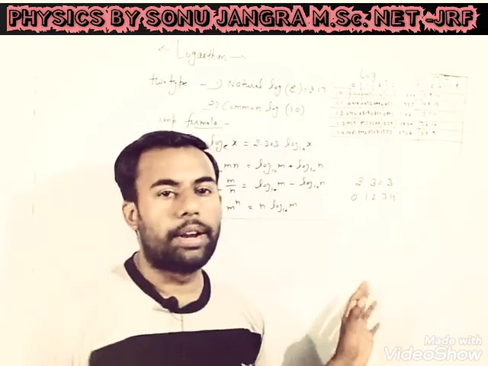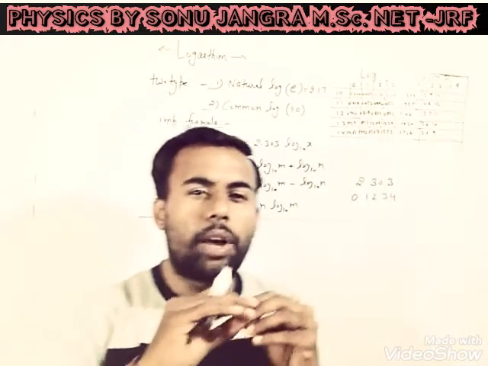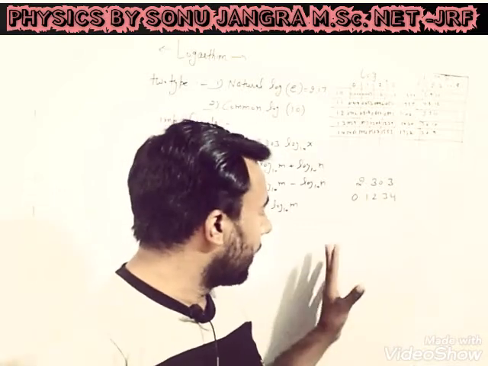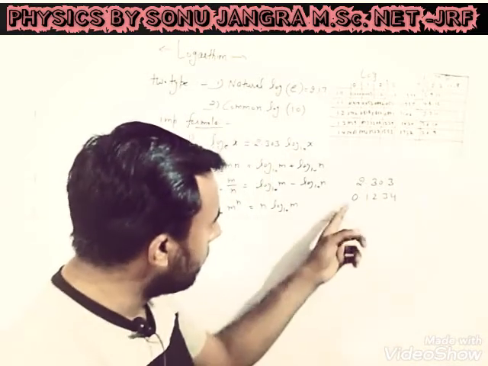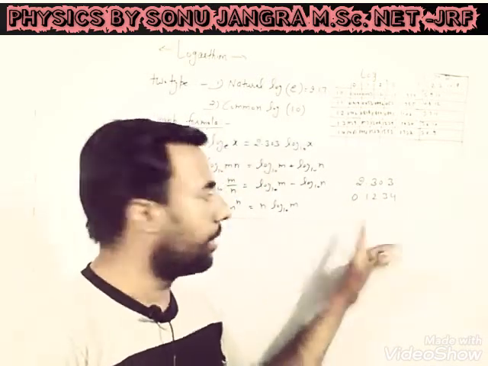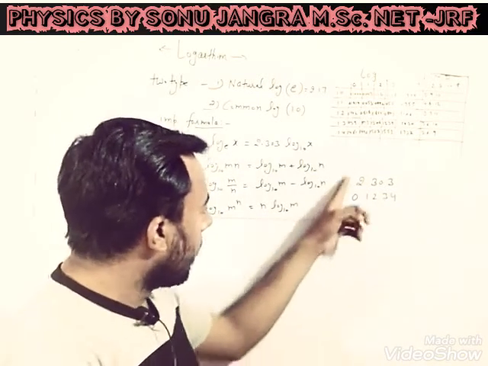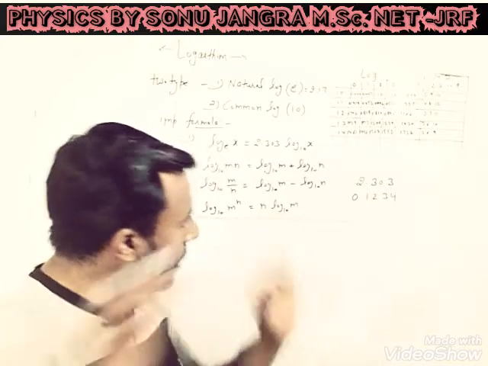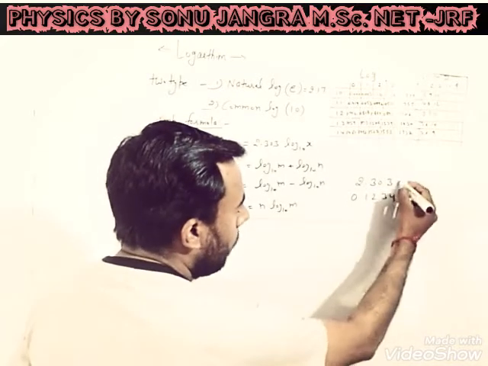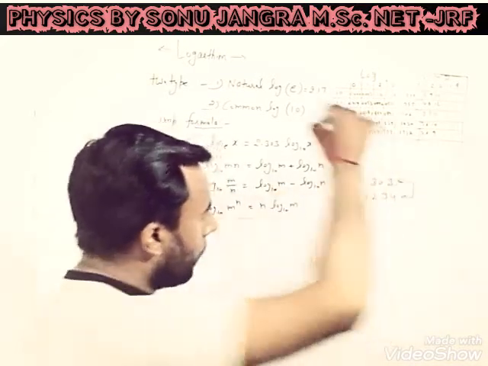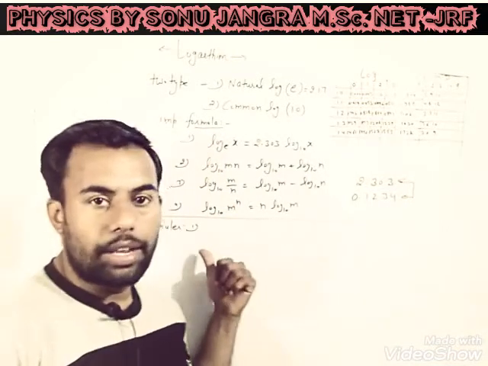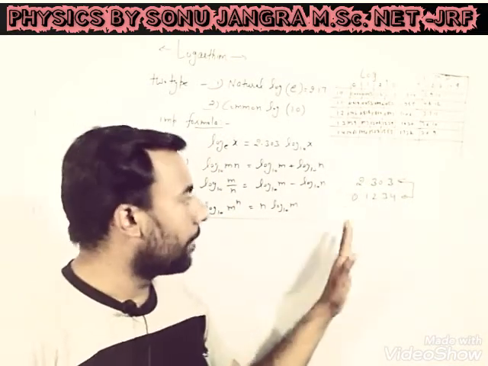This is also a number, and we take these values to find out the log values. This number is less than 1, and the other is greater than 1. In both cases we need two different rules. If the value is greater than 1, there is one rule, and if the value is less than 1, there is a different rule.